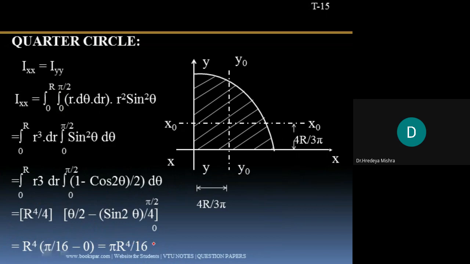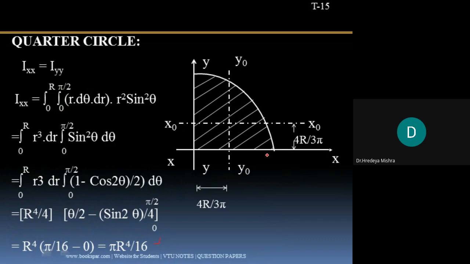For the circle, pi r to power 4 divided by 4. For the semicircle, pi r to power 4 divided by 8. And for the quarter circle, pi r to power 4 divided by 16. The same process applies, only the limits change: 0 to 2 pi, 0 to pi, and 0 to pi by 2. Nothing needs to be explained.